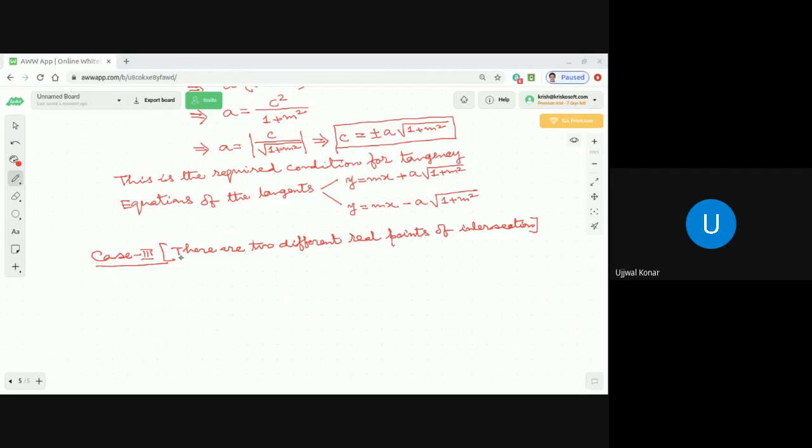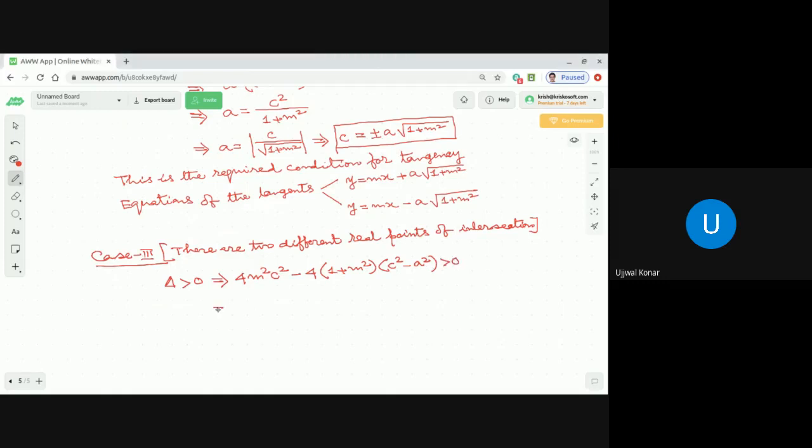Obviously, dear students, here delta is greater than 0. Delta greater than 0 means 4 into m square into c square minus 4 into (1 plus m square) into (c square minus a square) is greater than 0. Correct, dear students?